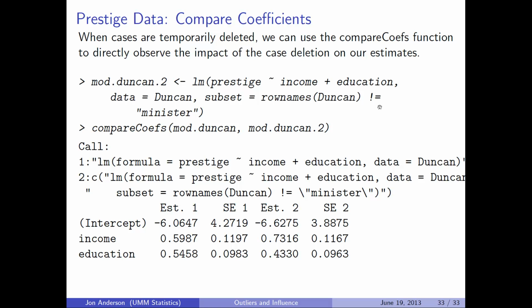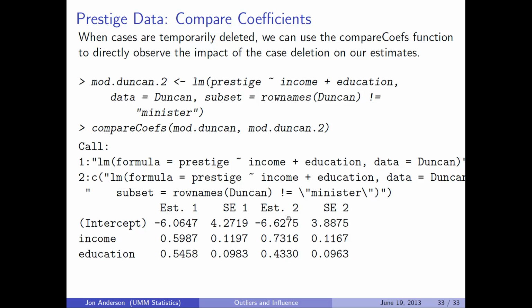Not equals, exclamation point equals, means all of those but not minister. And we're going to compare the estimated beta coefficients for the original model to this reduced one without minister. And you'll be able to see the estimate vectors. Estimate 1 is the full model, and estimate 2 is from the reduced.